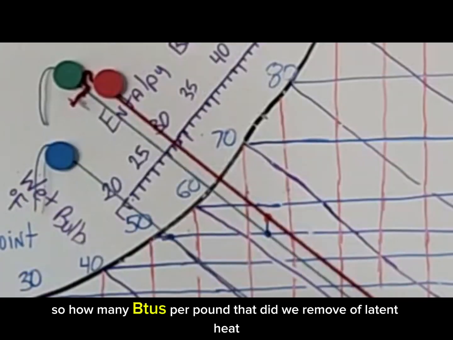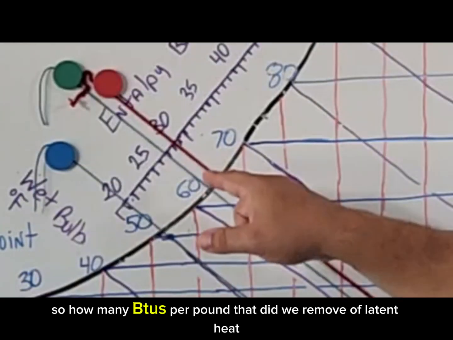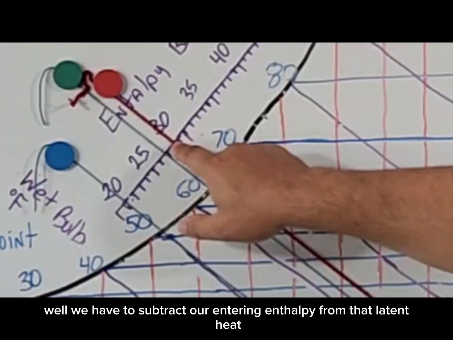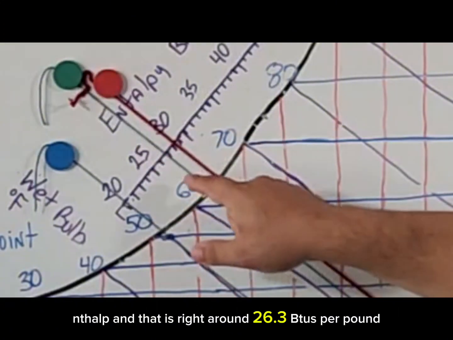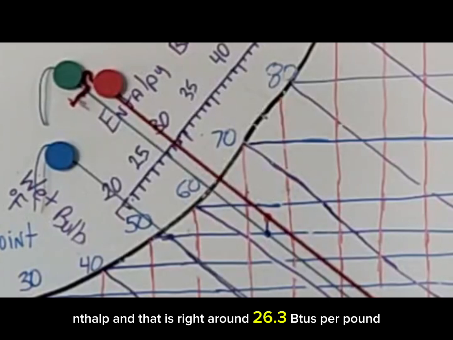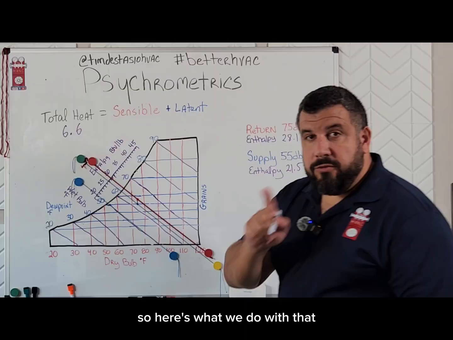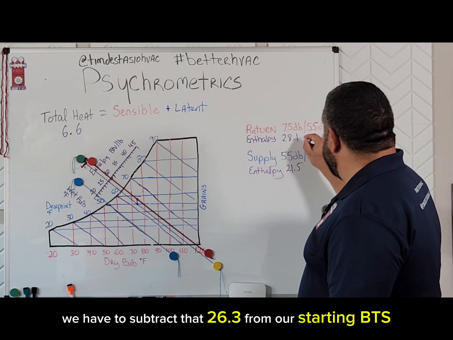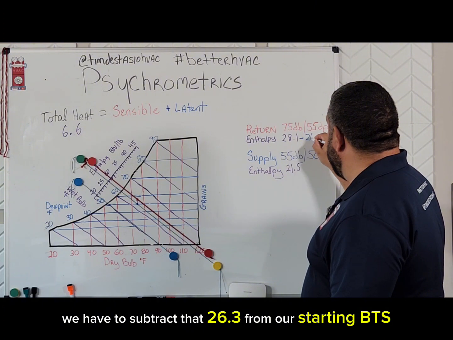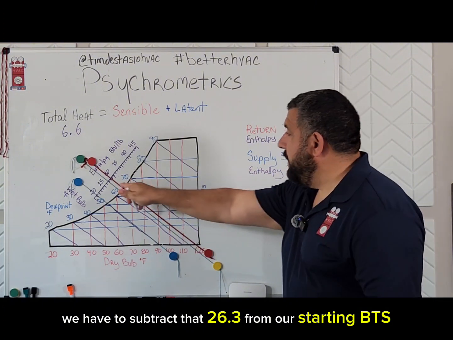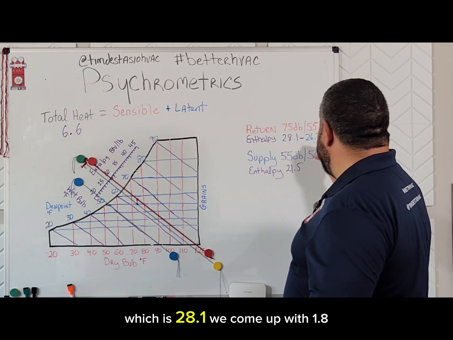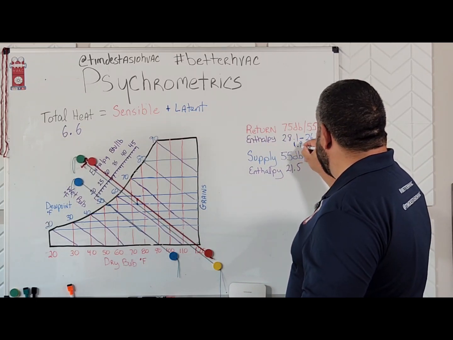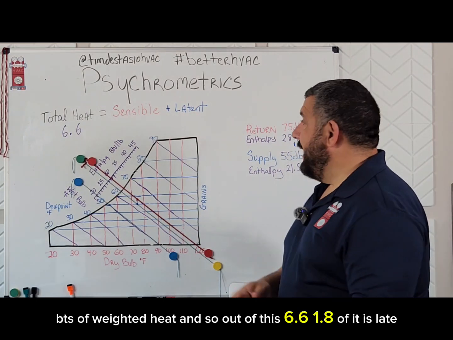So how many BTUs per pound did we remove of latent heat? Well, we have to subtract our entering enthalpy from that latent heat enthalpy, and that is right around 26.3 BTUs per pound. So here's what we do with that. We subtract that 26.3 from our starting BTUs, which is 28.1. We come up with 1.8 BTUs of latent heat.